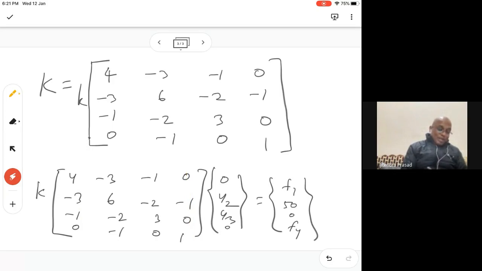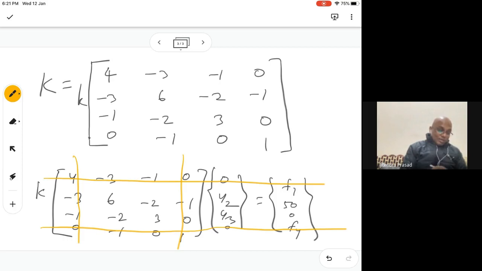So finally, in this equation, these will not play any role. We will not consider this one and this one, and your equation will simply be this multiplied by this equal to this, and then you invert to find u2 and u3.